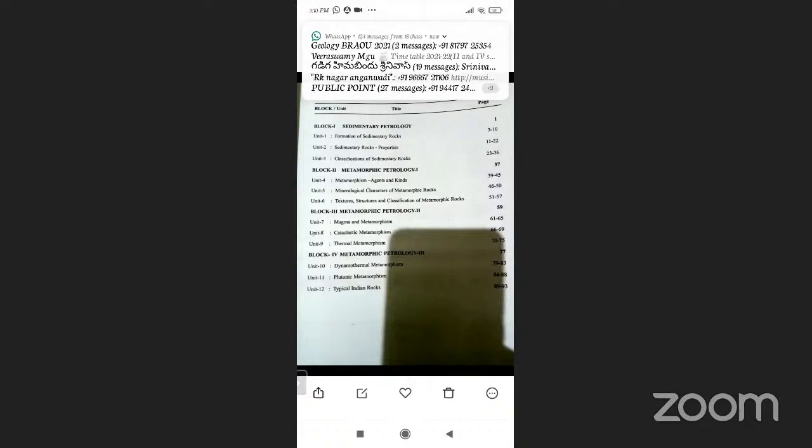Coming to block 2, Metamorphic Petrology 1, there are again three units. First unit, metamorphism, agents and kinds: the different agents towards metamorphism and kinds of metamorphism.